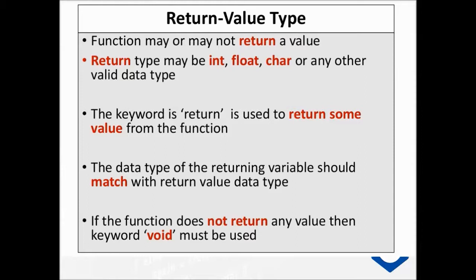If we use int, float, char, or any other valid data type, then we use the keyword return to return some value from the function. The data type of the returned variable should match the return value data type. If the function does not return any value, then the keyword void must be used.